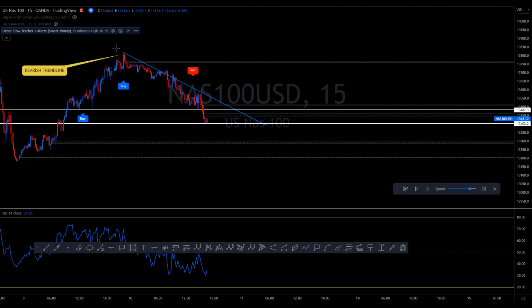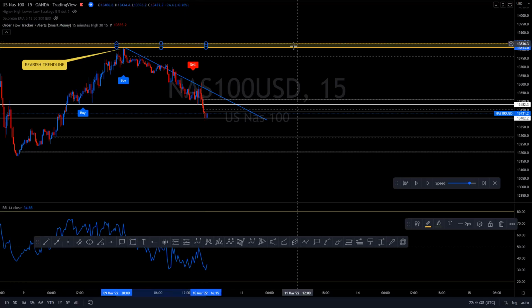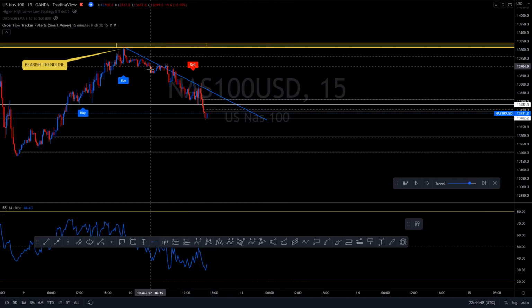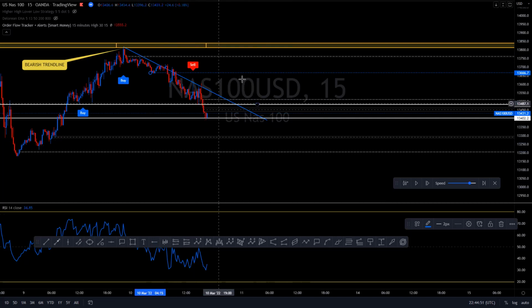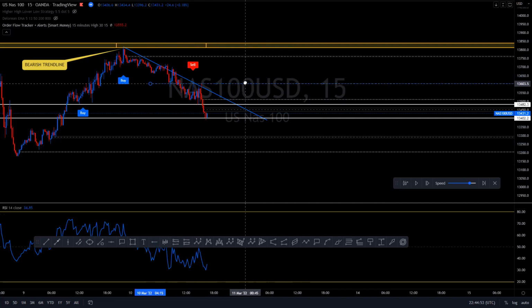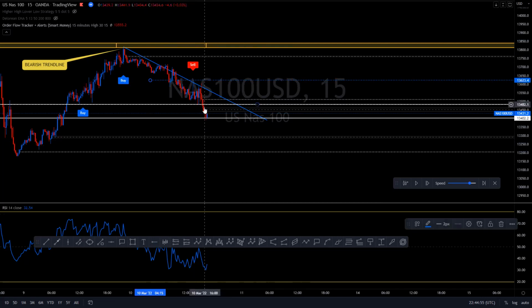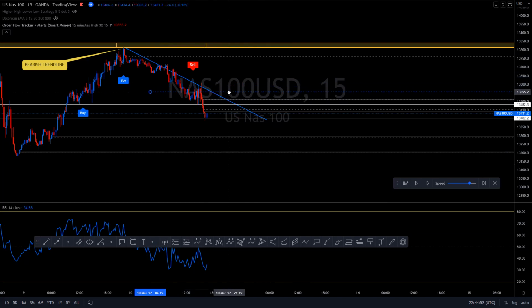I just draw a zone up to here. Just knowing that eventually they're going to bring it up to this point to make this probably the overbought resistance, which is going to be the roof. And then, of course, I probably will make this take profit. If price broke here, then I probably would make this take profit 1.